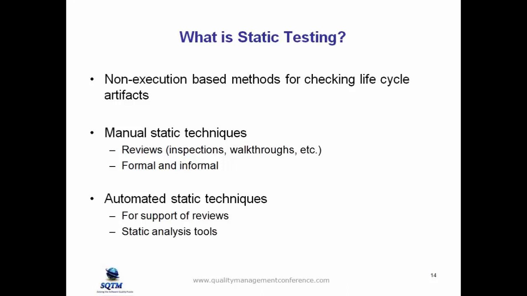They're also automated techniques. So there are tools that development can use that can do the analysis of code. The application is not running, but it is doing an analysis and it's checking areas for complexity, duplication, ambiguity, dead code.